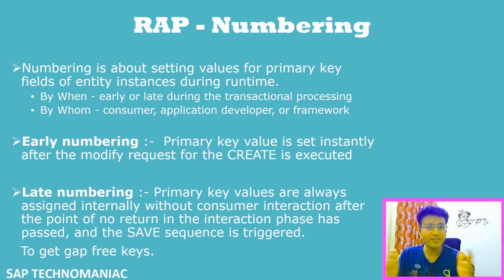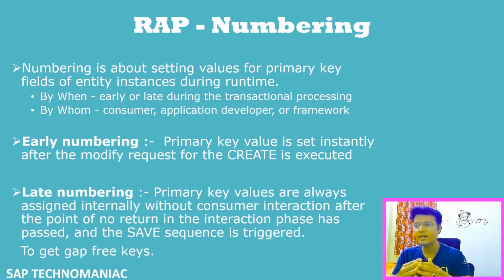There are different numberings based on when you are giving these primary key values, or who is giving them. For example, if you give them in the early stage, we call it early numbering. If in the late stage, it is late numbering. If it is given by yourself, that is called external, and if the system is giving it, that is called internal.